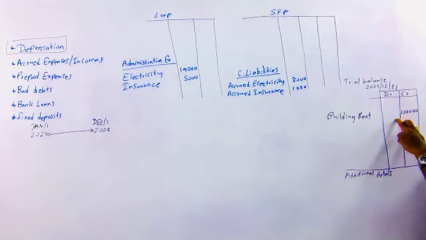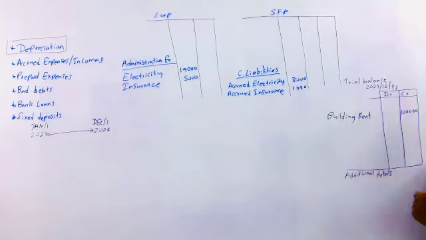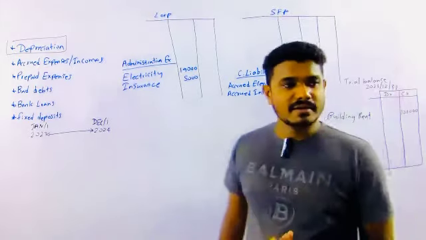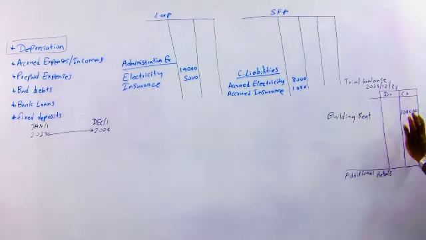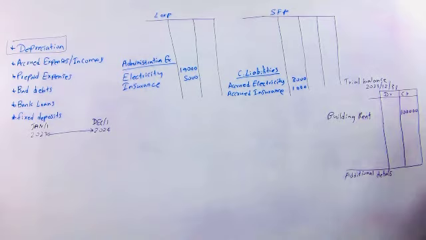When we input building rent to the credit side, it is an income. It means building rent received. When we input building rent to the debit side, it is an expense. It means building rent we paid, right? I think you have an idea about this, the difference between received building rent and paid building rent.